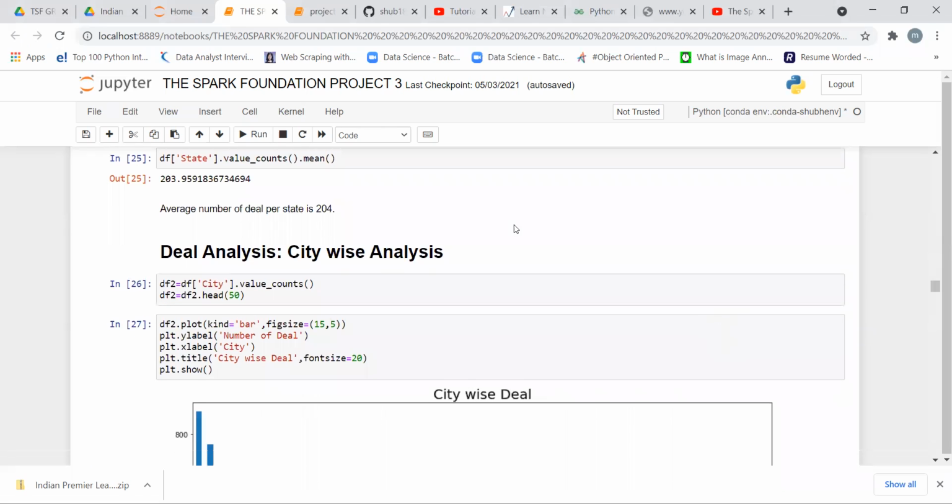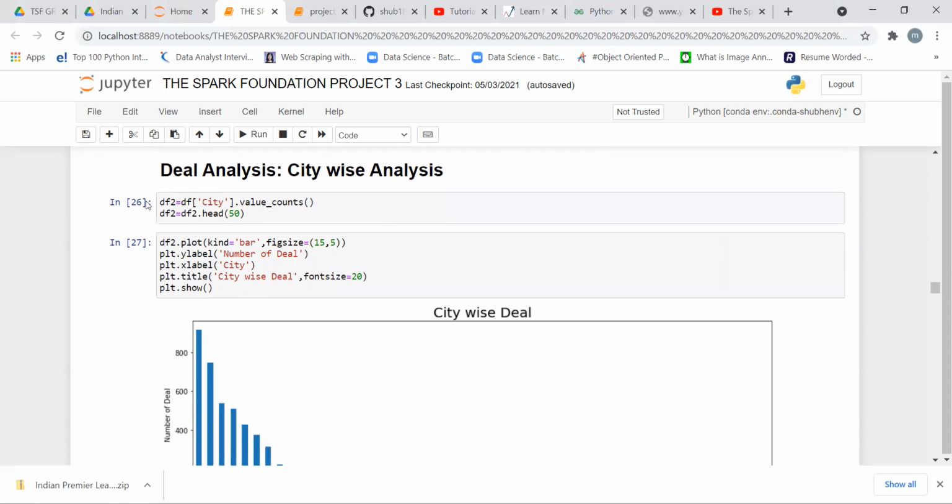Now we use deal analysis in terms of city. We use value counts and head, df2 dot head 50.